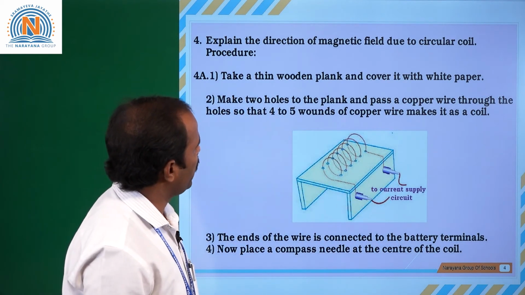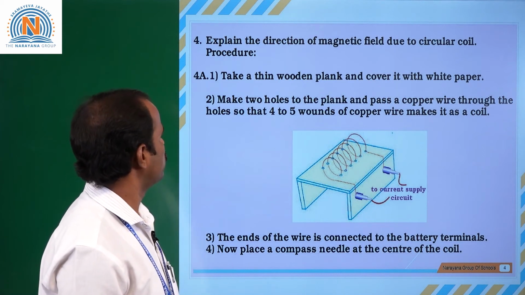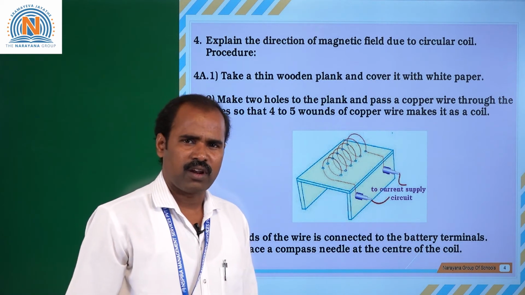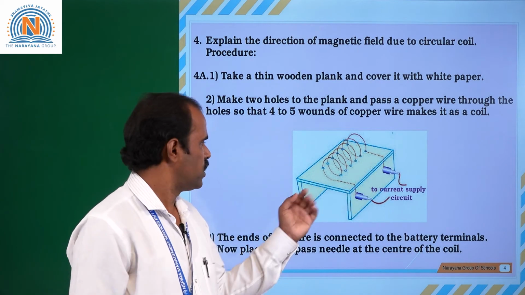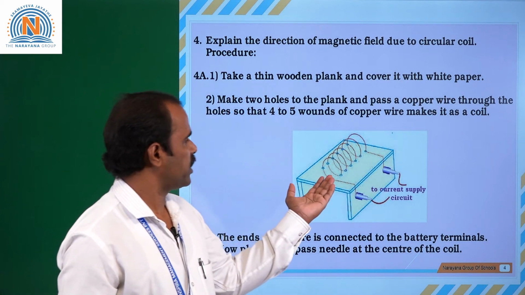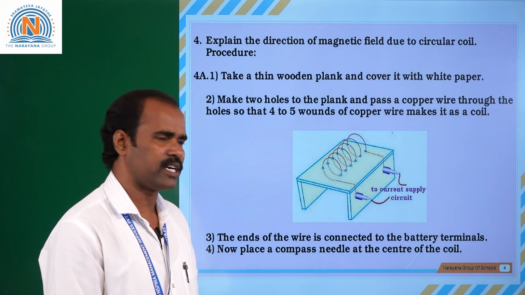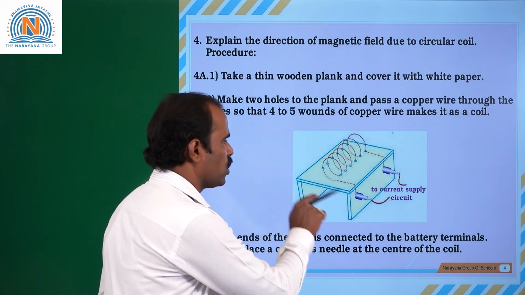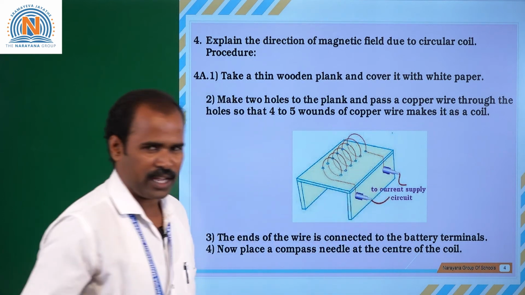Explain the direction of magnetic field produced due to a circular coil. First you take the cardboard and make parallel holes, leaving some gap between them, and insert a long insulated copper wire through those holes, and the end terminals are connected to the battery.